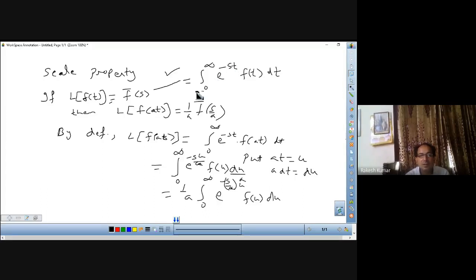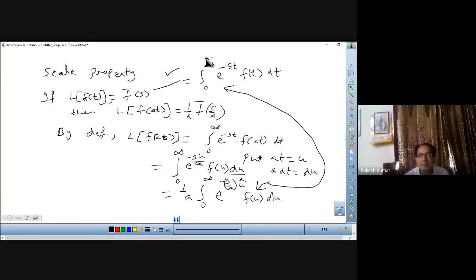So if we compare this integral with this, what is the difference? In place of dt, we have du, and in place of f of t, we have f of u. In place of t here, we have u, but in place of s, we have s over a. The negative sign is the same.